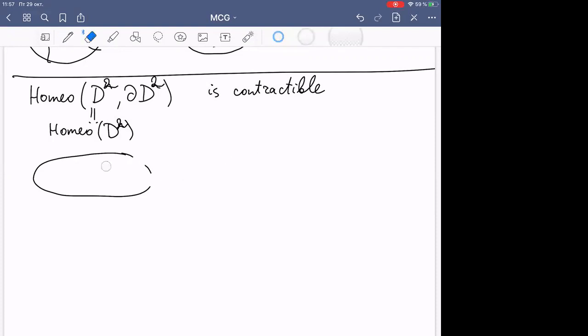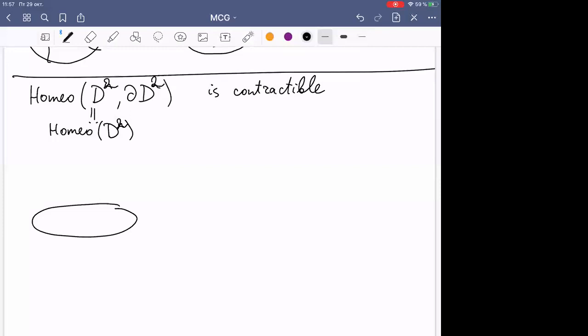We consider a disk, and I can map this disk to the same disk by phi.